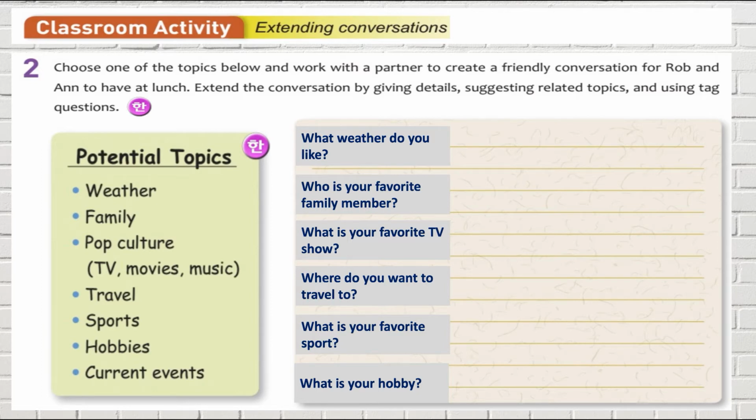So we'll start practice with Yonghee. What weather do you like? I like cloudy weather with cool wind. Okay, so finish that with a tag question. I like a cloudy day with cool wind.